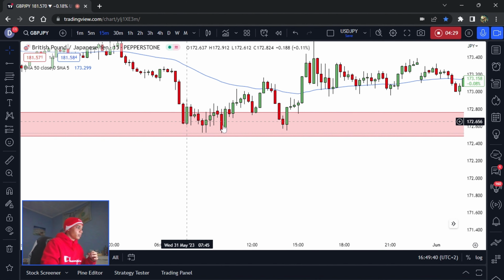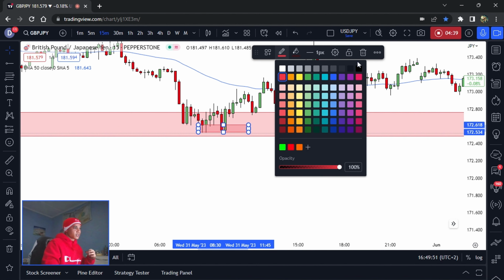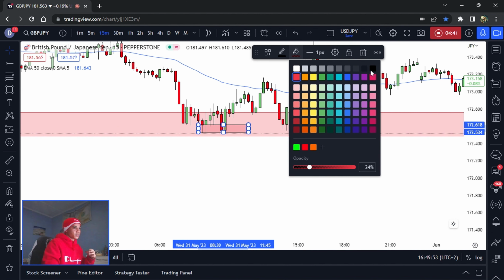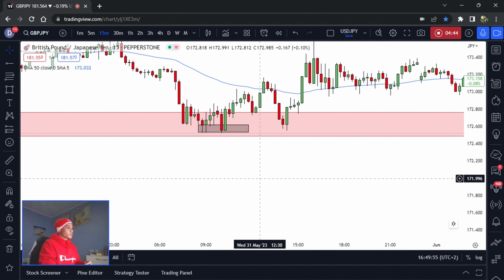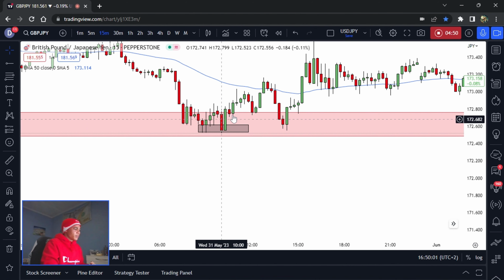As we can see, we have a double bottom right here. We have a double bottom right here. So I'm just going to change the color of this box so it's more apparent. So what we are looking for right now is a double bottom which has been identified.